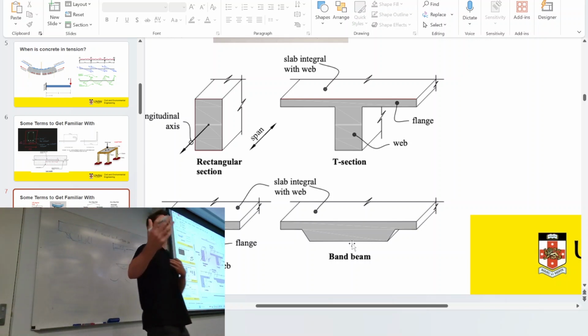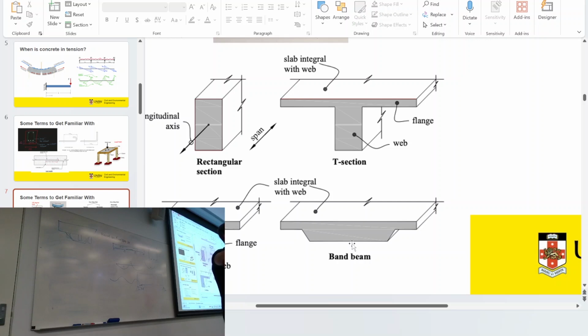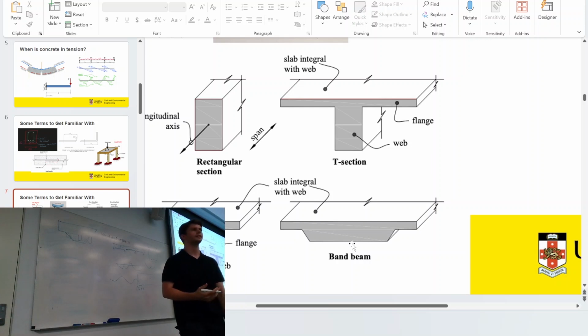Can you think of maybe anywhere else where you might see band beams? I'll give you a hint. Think about where, if you've got a floor, you want to have the most head height possible. So ceilings, sort of, yeah, but what type of place would you have those?